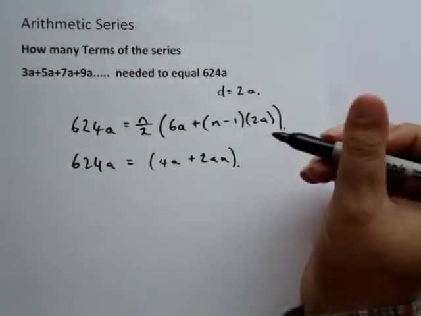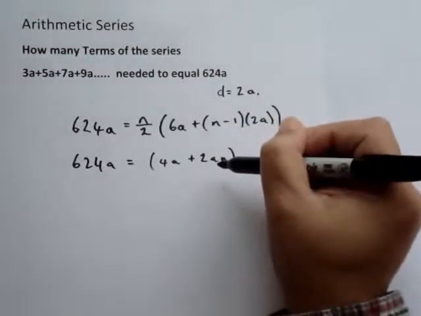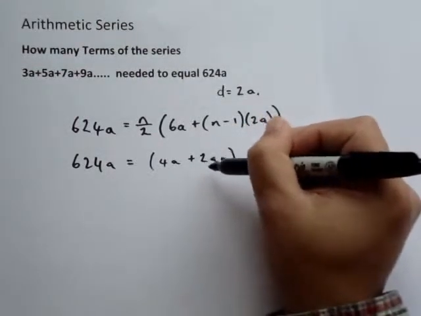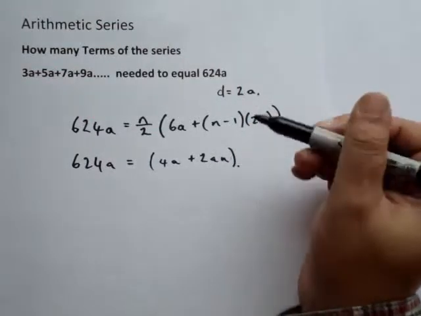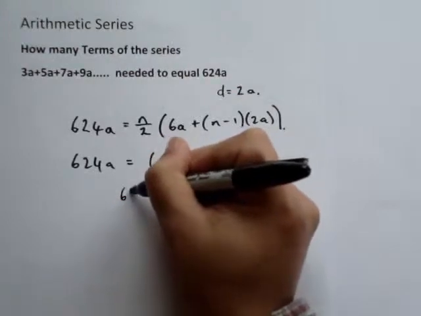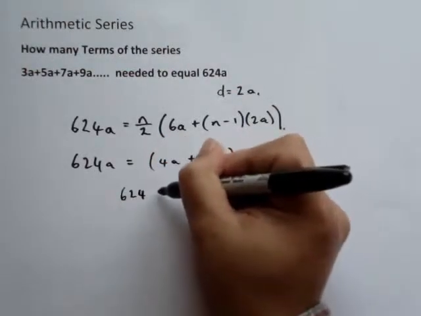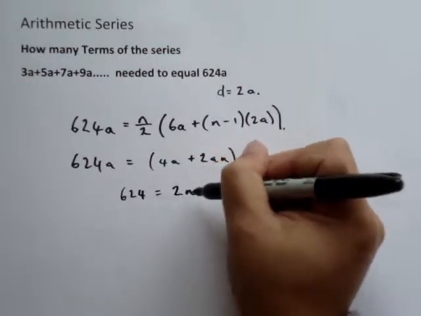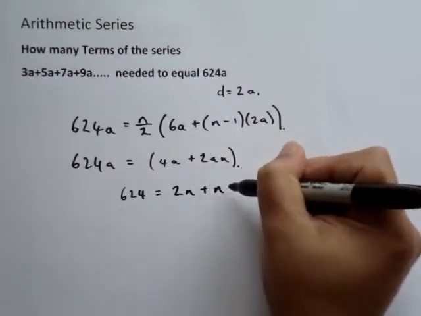Then when we divide by 2 and divide by n and then divide by a, we're left with 624 equals 2n plus n squared.